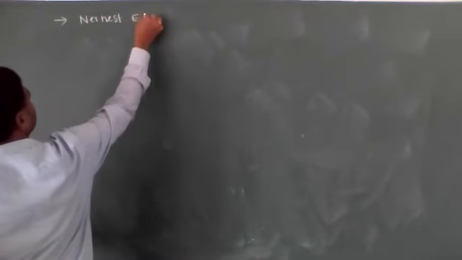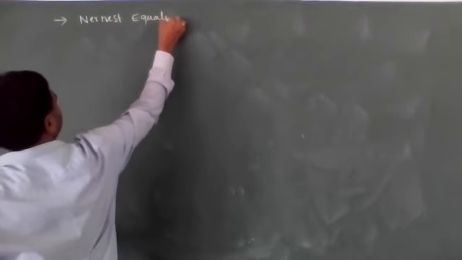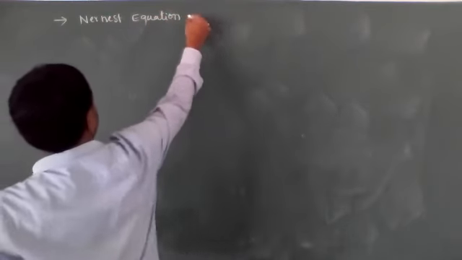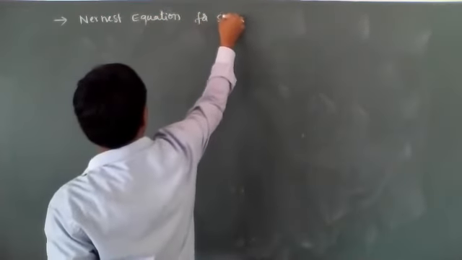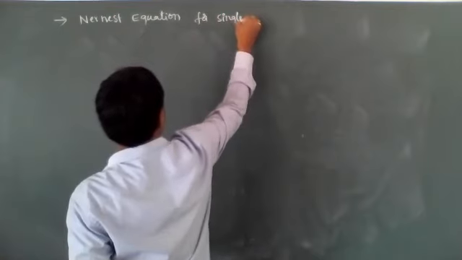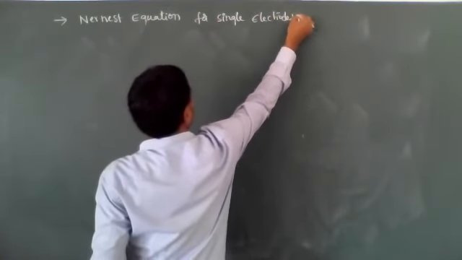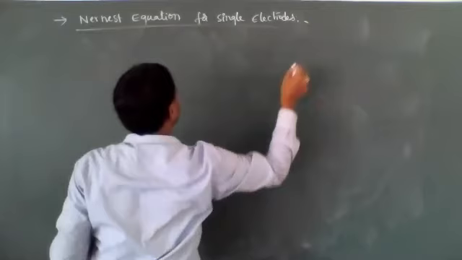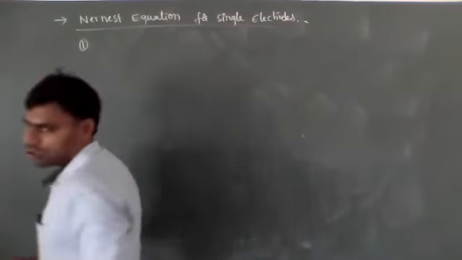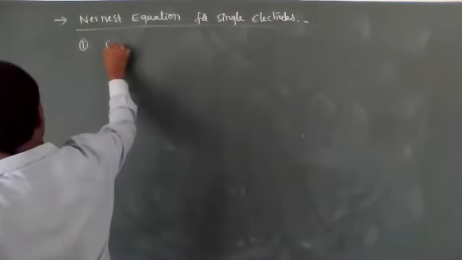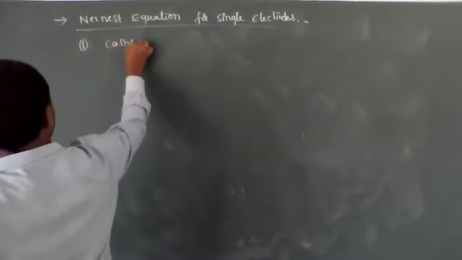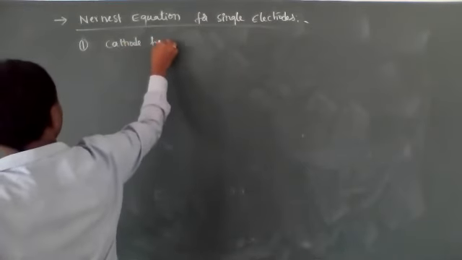Nernst equation for single electrodes. Single electrodes means the first one I am going to take is the cathode half cell.